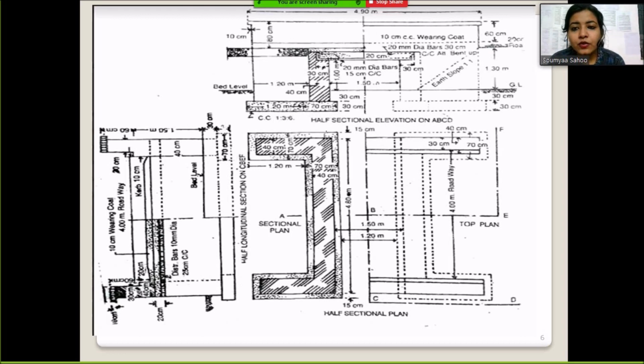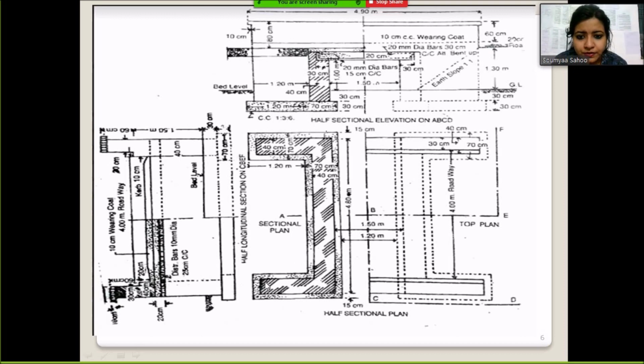So students, now we shall discuss the three-dimensional construction sequence of RCC slab culvert. Okay, so first look at this plan. This is the picture of a foundation, and you can see a channel shaped foundation.